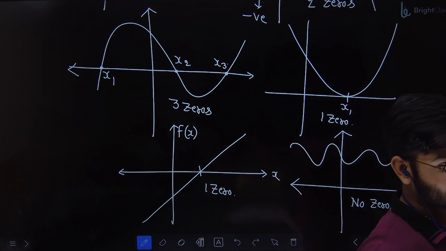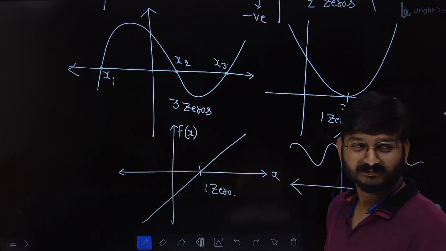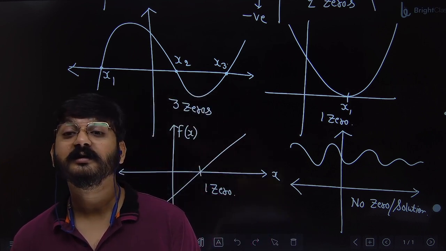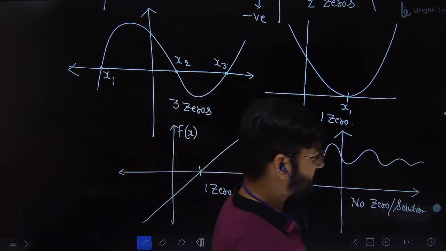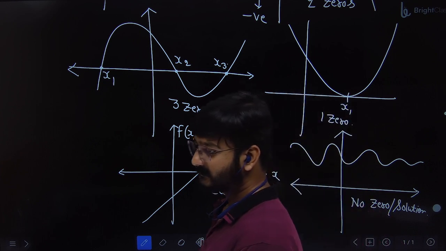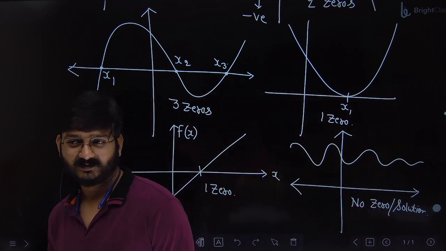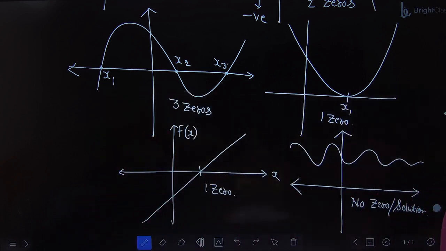I'm getting answers as infinite, 1, or some... 1. Huh? One solution. Anyone for infinity? Anyone in the class? Anyone for zero solution? y equal to 3. Again, I'm asking. How many solutions will it have?